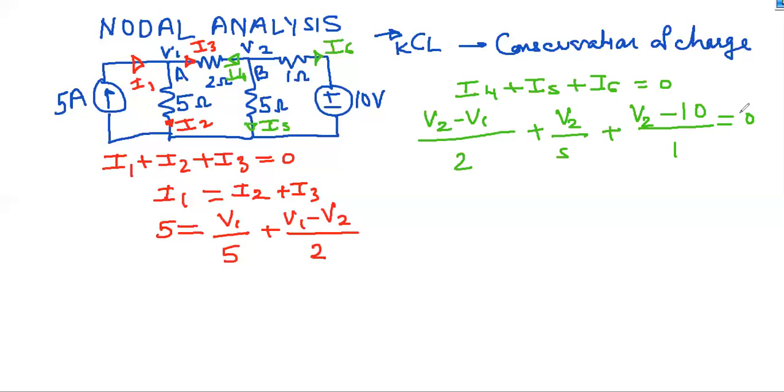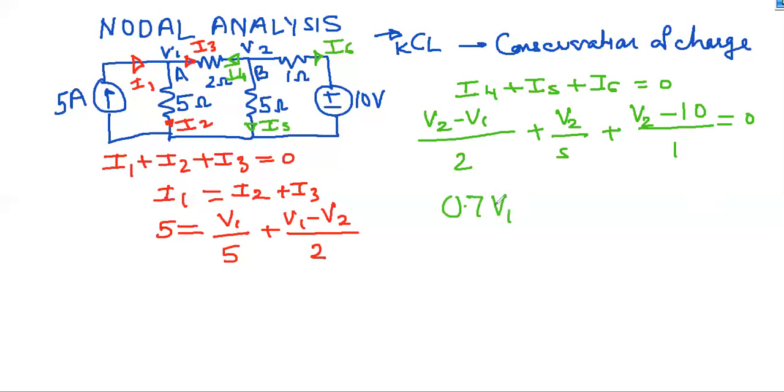Now we consider equation number 1 and equation number 2. The first one is I1 is equal to I2 plus I3, and the next one is I4 plus I5 plus I6 is equal to 0. Now we simplify the given equations.